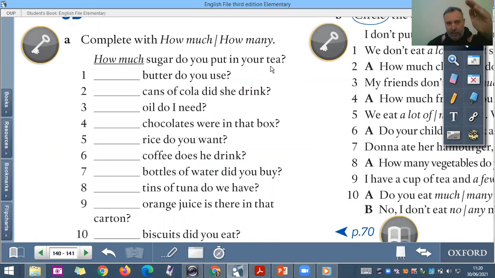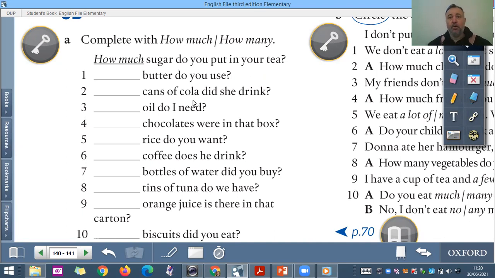Now you have to complete these other 9 questions here using how much or how many. Butter. Can you count butter? 1 butter, 2 butters? No, it's uncountable. So you say, how much butter do you use? Okay. Cans of cola. Can you count cans of cola?